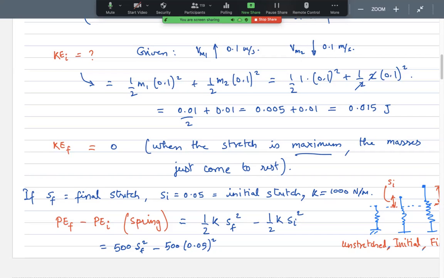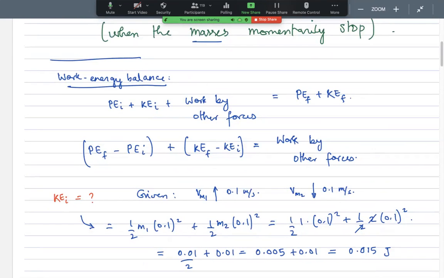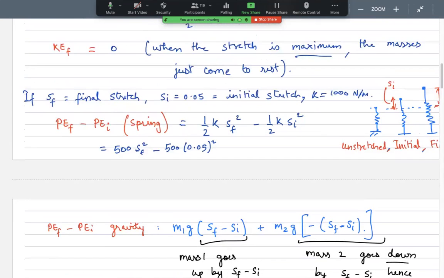And then we next have to figure out what the potential energy difference is. We have two kinds of potential energy for this problem, springs as well as gravity. For the spring, we've been given the initial stretch, 0.05 meters, and we've been told the spring constant.